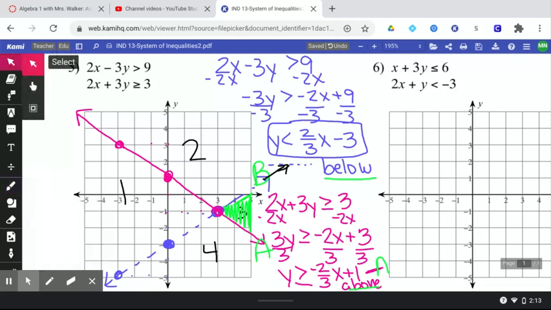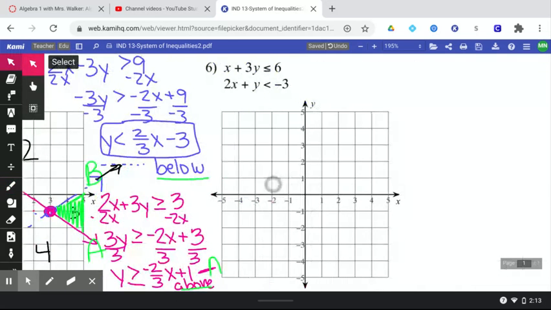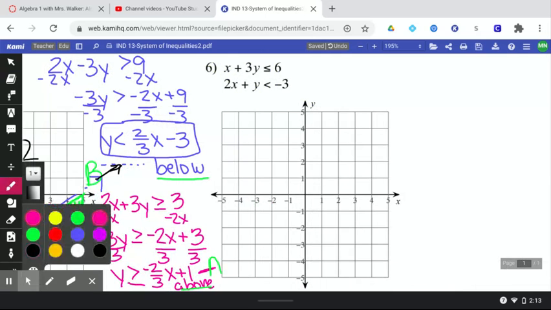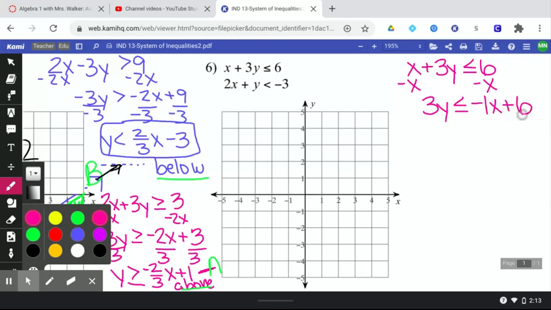All right, now our last example is another one in standard form. So we subtract our x over, and we get 3y is less than or equal to negative 1x plus 6. Divide by 3.